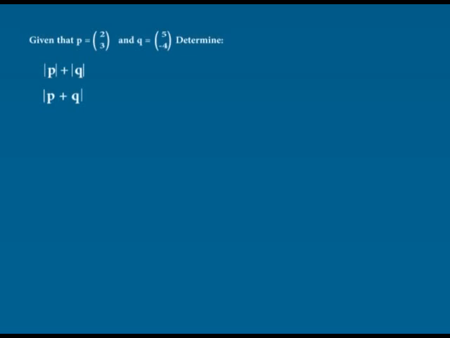In the solution, the modulus of P is equal to the square root of 2 squared plus 3 squared. That gives us the square root of 13 and is equal to 3.606. The modulus of vector Q is equal to the square root of 5 squared plus (-4) squared.